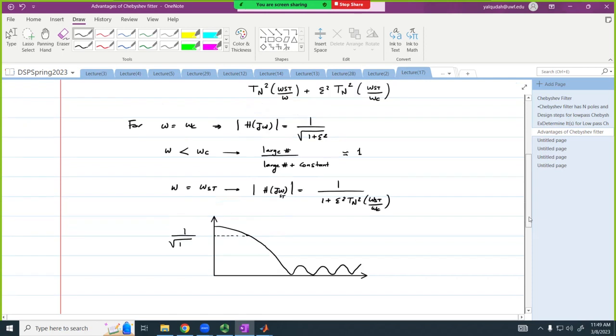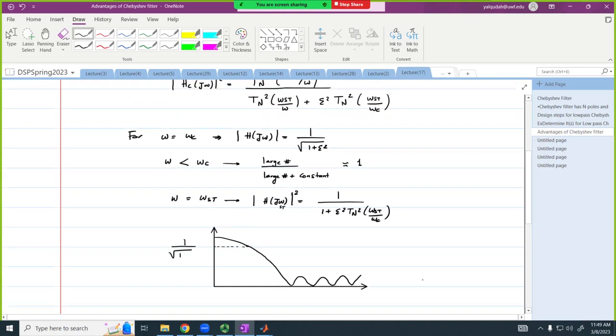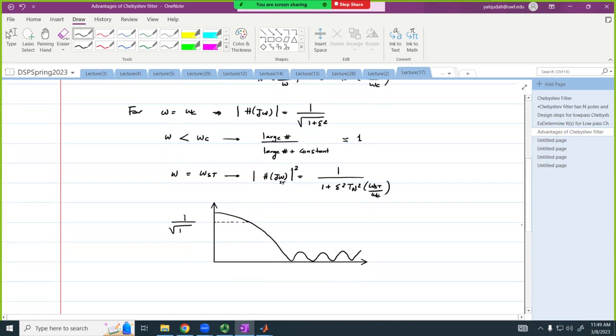So let's just make this squared. This is 1 over epsilon squared, and we have a cutoff here that is omega stop. Okay. So if you look at the frequency response of the filter, instead of having ripples in the passband, now we have ripples in the stopband.